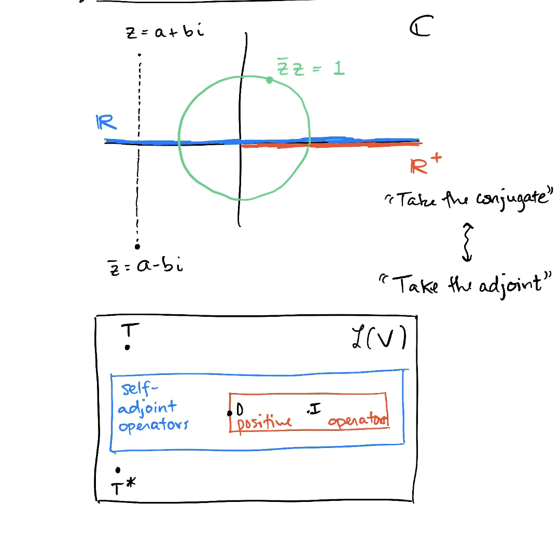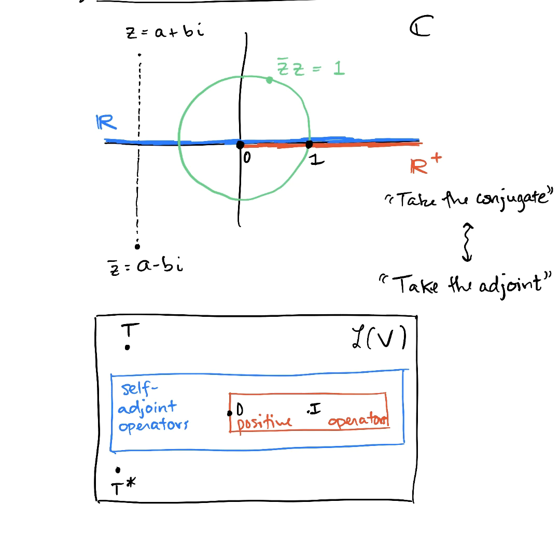Examples of positive real numbers are 1 and 0, where positive really means non-negative. Examples of positive operators are the identity and 0.